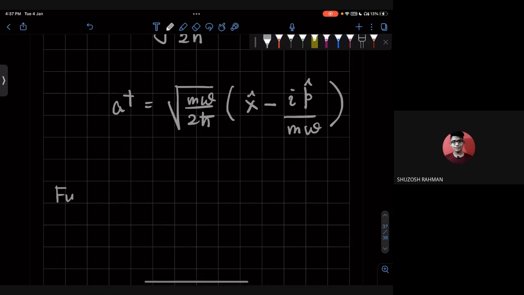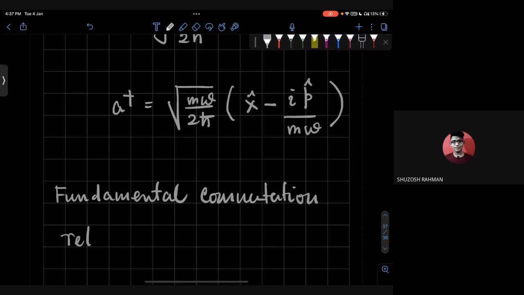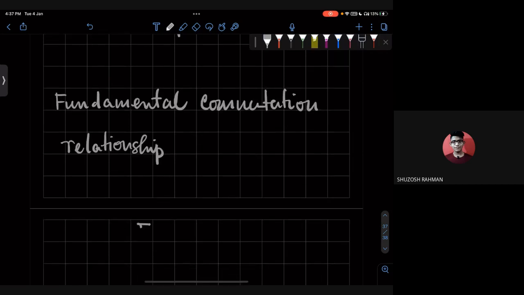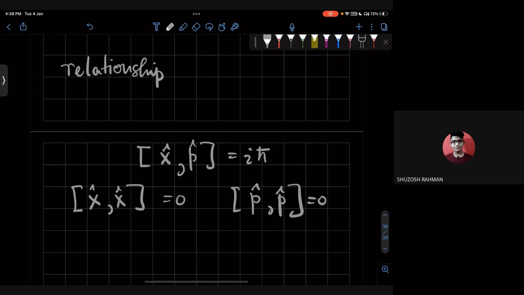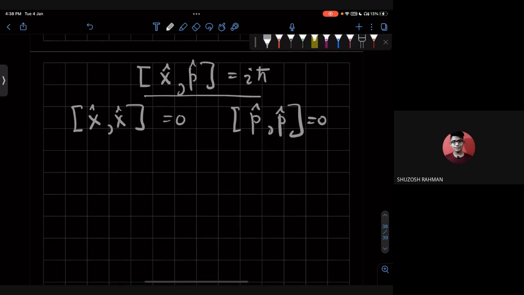That fundamental commutation relationship is that the commutator of X and P is i h bar, as well as the commutator of X with X is 0, and of P with P is 0, okay? We can prove this very easily.